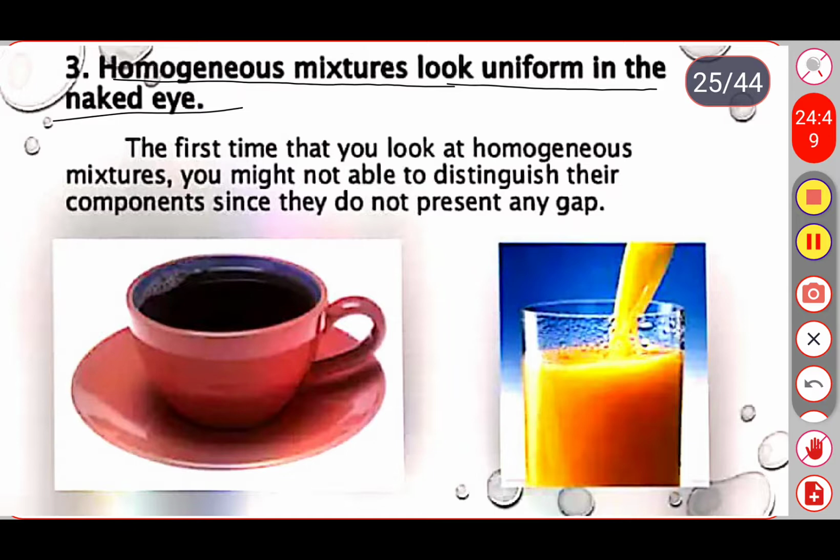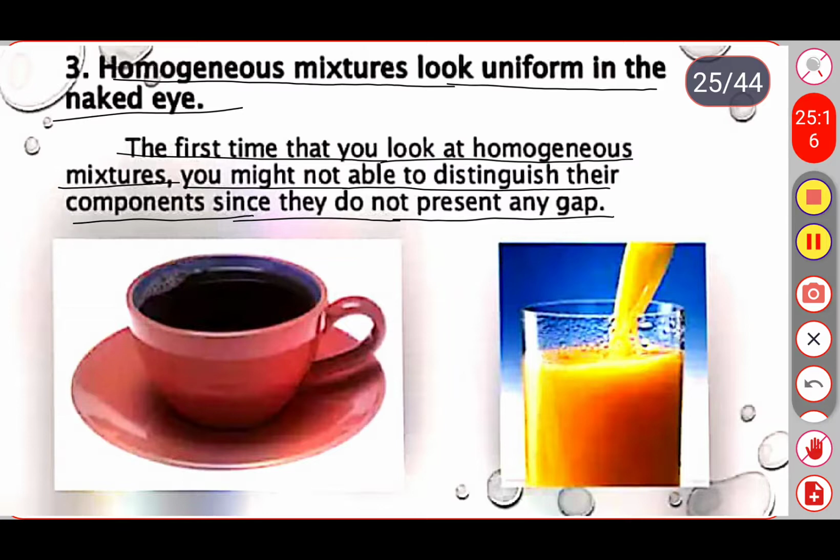The first time you look at a homogeneous mixture, you might not be able to distinguish its components since there is no gap between them. It means the entire mixture is made up of one kind, the same type, of particles.